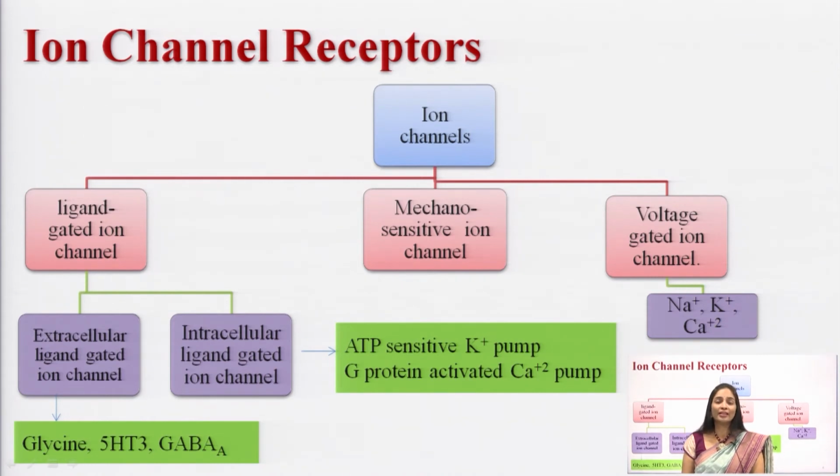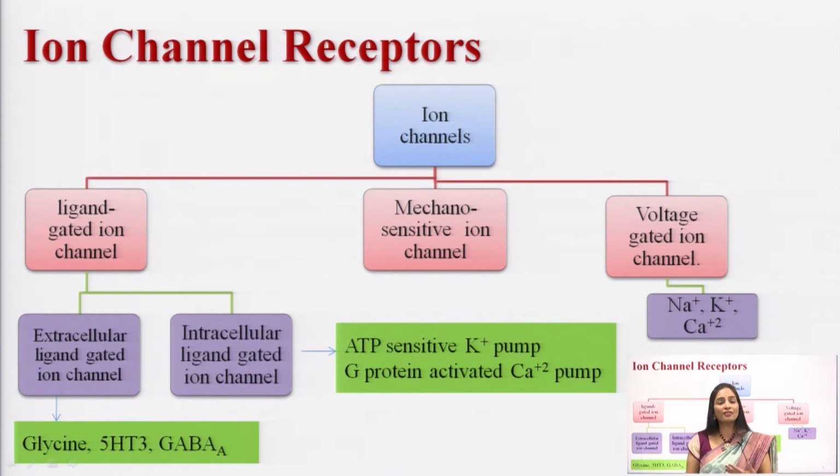These are the main 3 ion channels of a receptor. The ligand gated ion channel is further divided into 2 types: extracellular ligand gated ion channel and intracellular ligand gated ion channel. For example, extracellular examples are glutamate, glycine, 5-HT3.